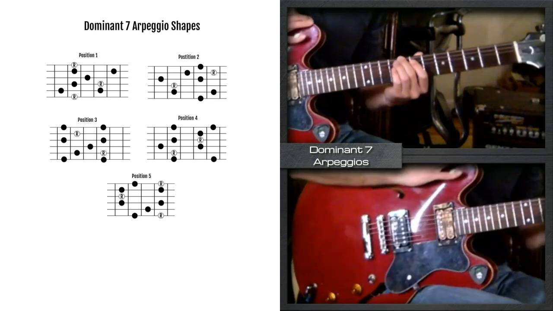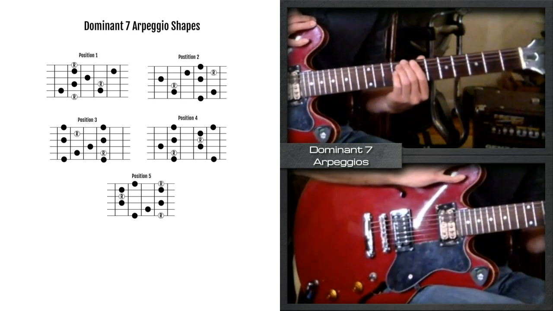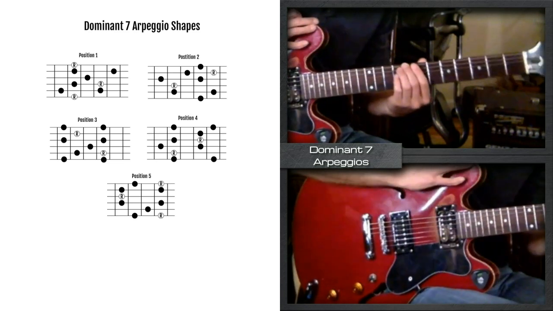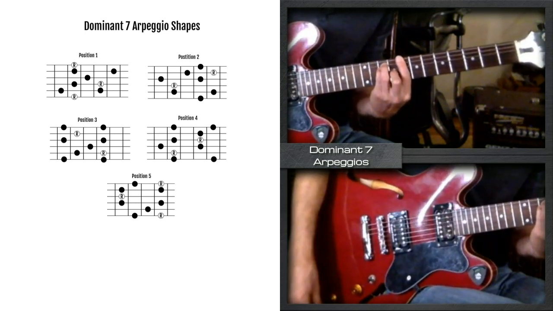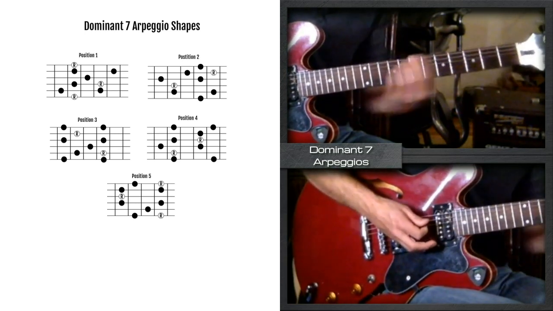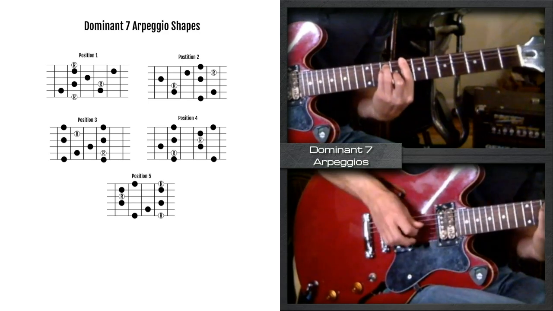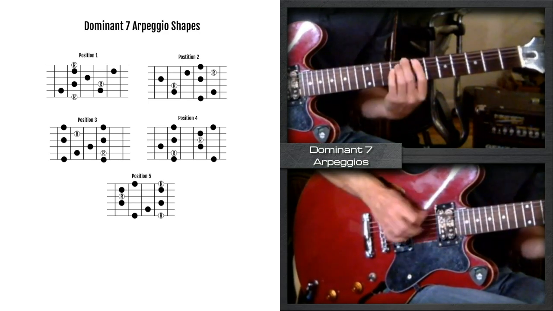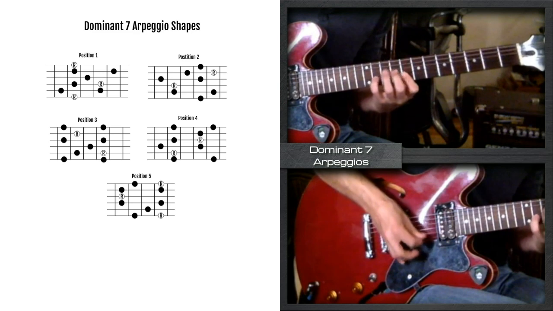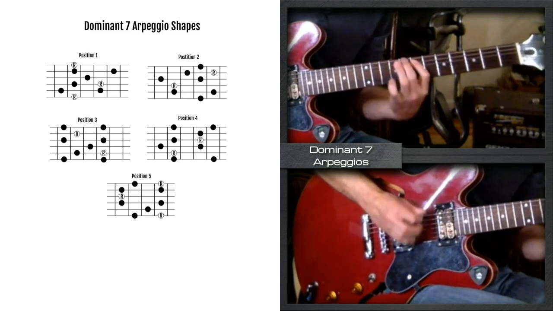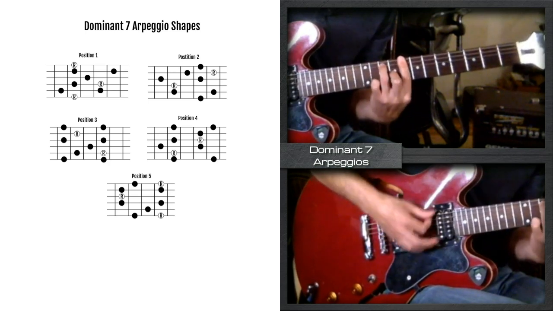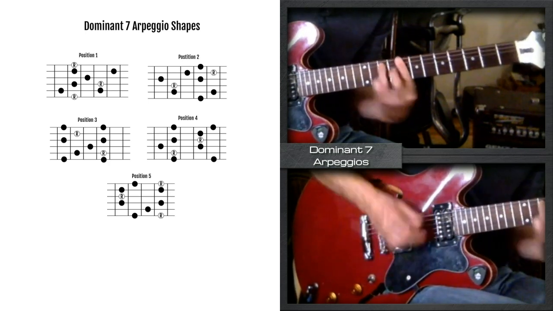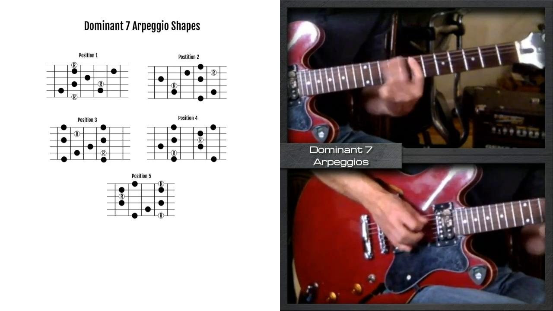Can you see the outline of your C major bar chord there, that E bar chord shape, in that arpeggio diagram? Because it's in there. And likewise, if you know this dominant 7, C7 arpeggio or chord shape, you'll see that in there as well, right there.